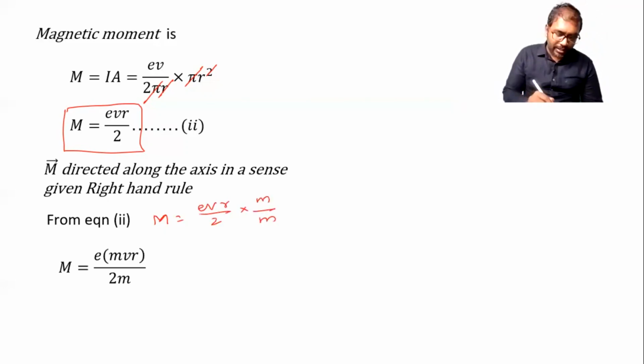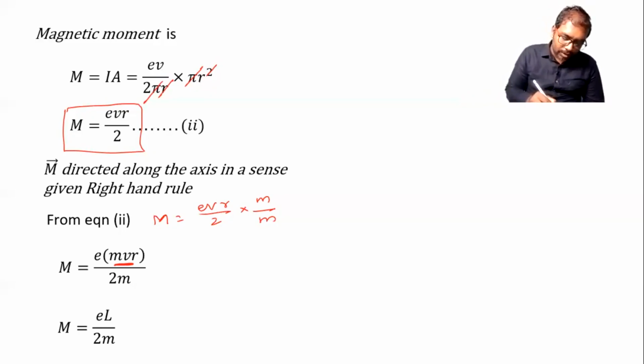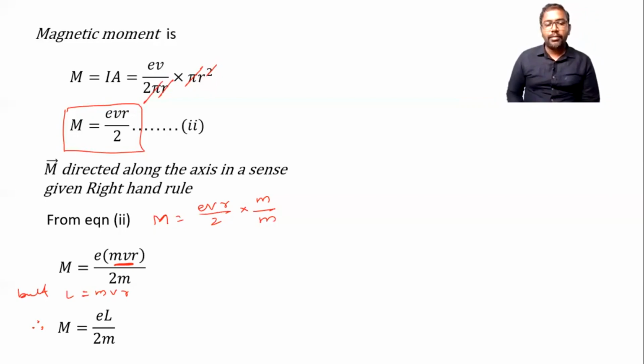Then we get e into mvr divided by 2m. And this mvr is the angular momentum, which is represented by L. So L is equal to mvr. Hence, this dipole moment we can write as eL by 2m.